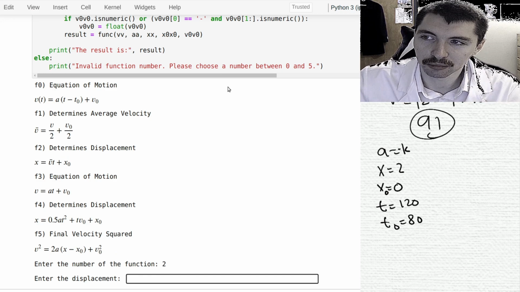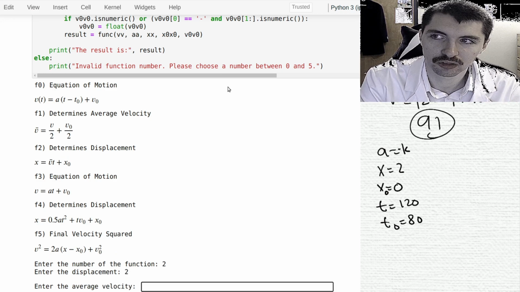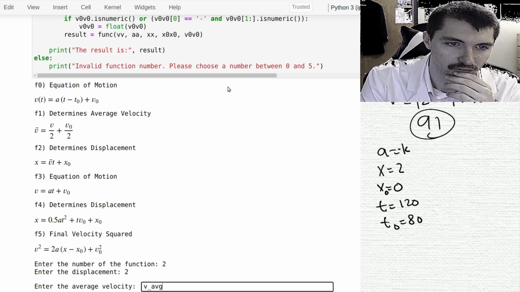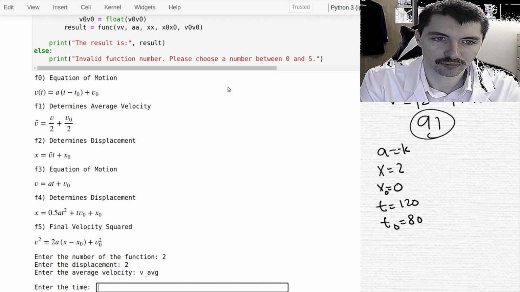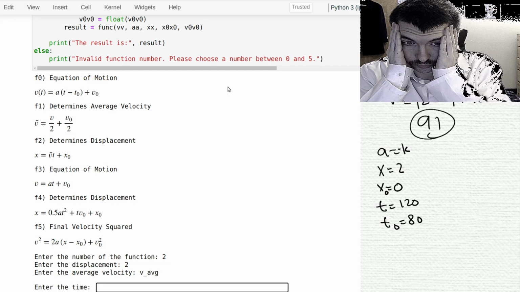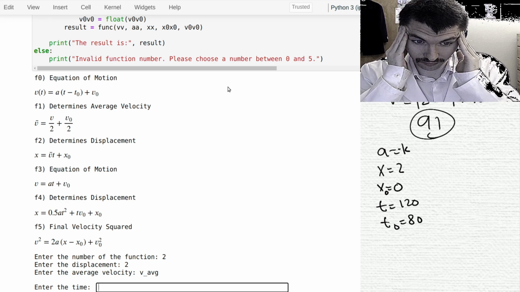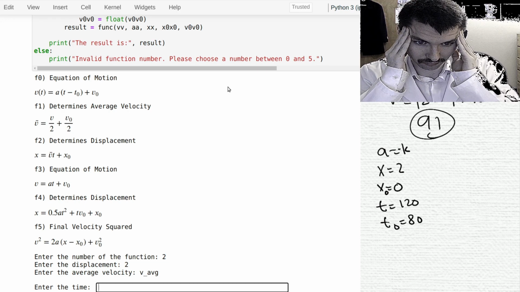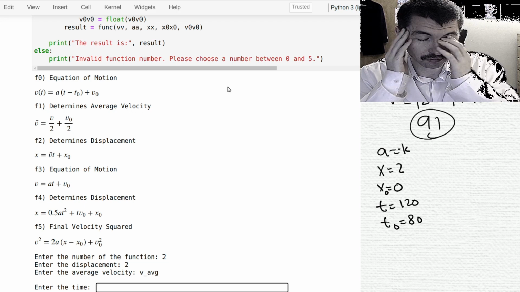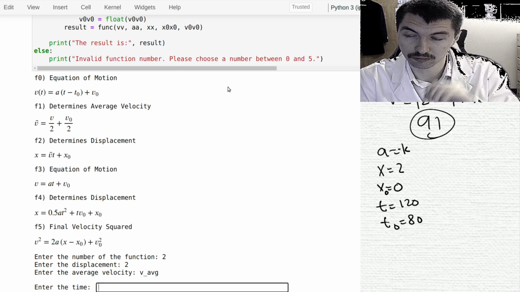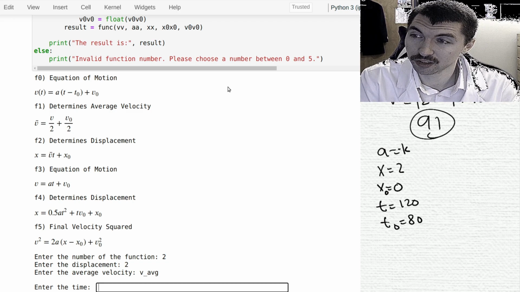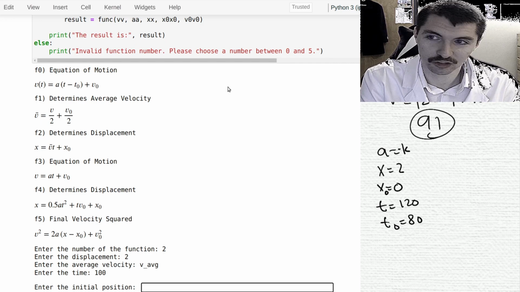Equation 2, displacement, 2 kilometers. Time. Oh, do I do average time? Do I do 100 seconds? Initial position 0.